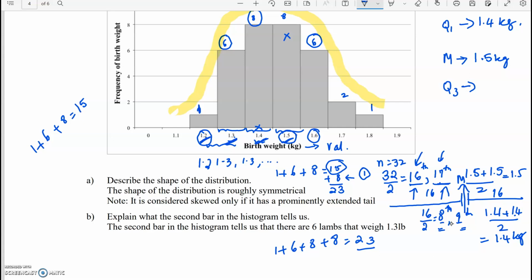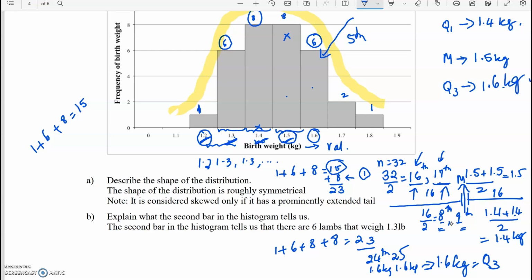The next two numbers, the 24th number and the 25th number, are in the fifth bar, which is 1.6 kilograms. Each is a 1.6, and the average obviously would be 1.6. So this tells us that 1.6 kilograms is the upper quartile. And this is how we calculate the quartiles.